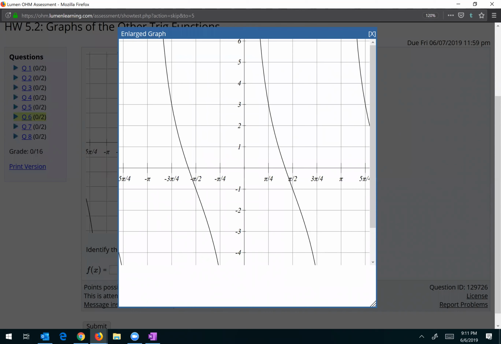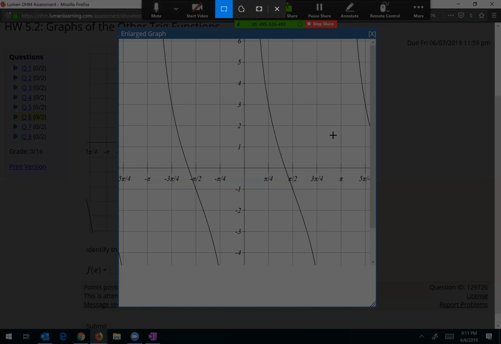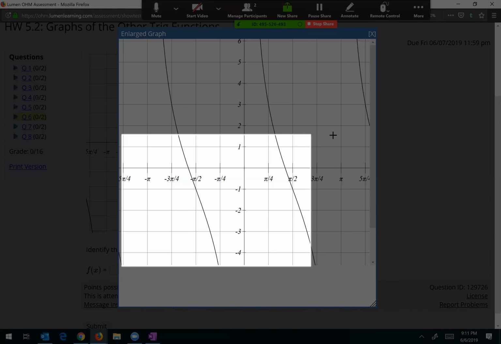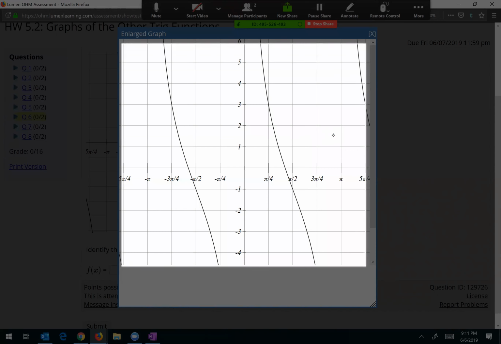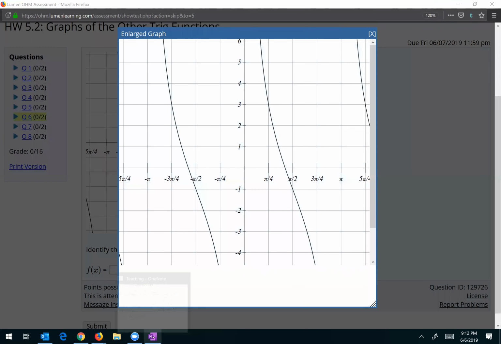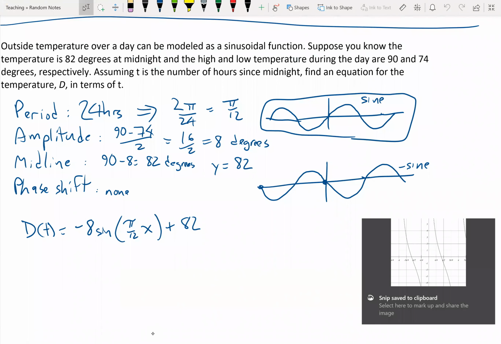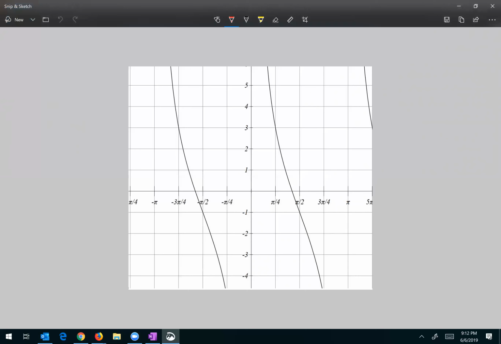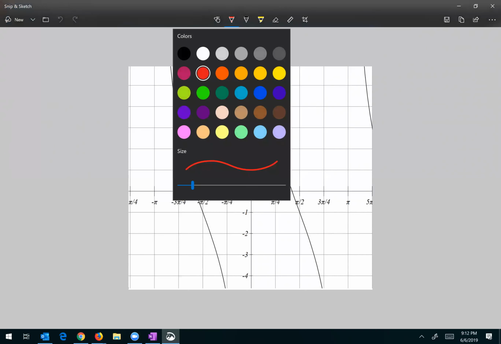Let's see if I can pull this graph into somewhere I can write on it. Okay, let's click here. All right, I'll be able to draw on it here. Except I need to move this.